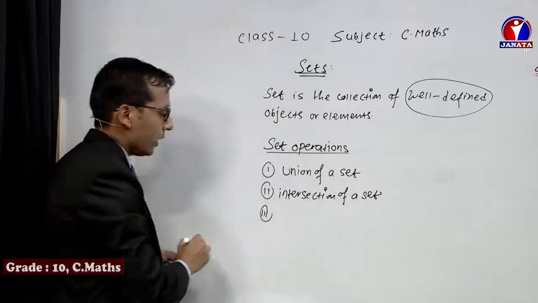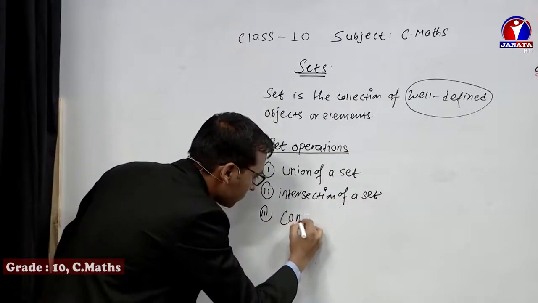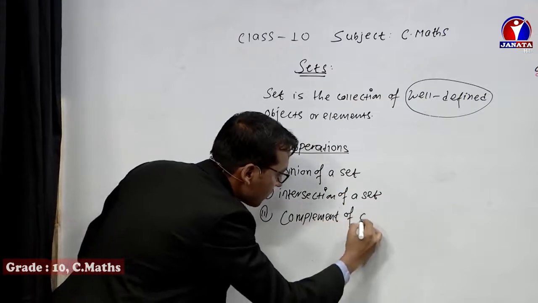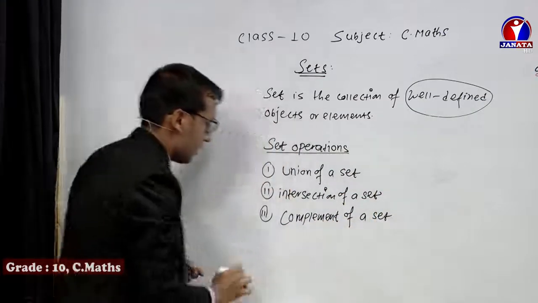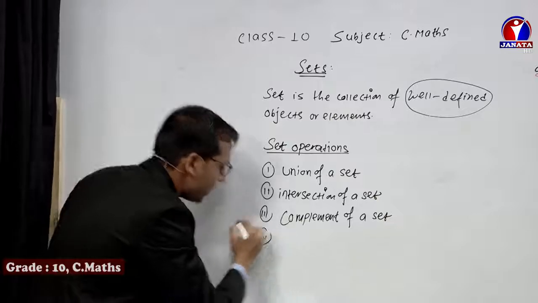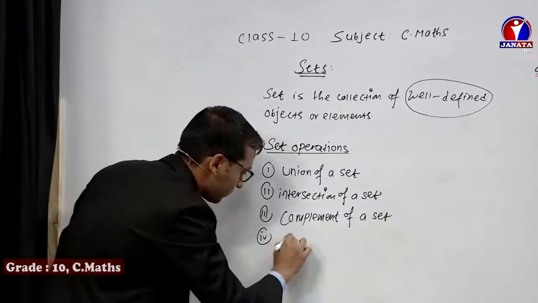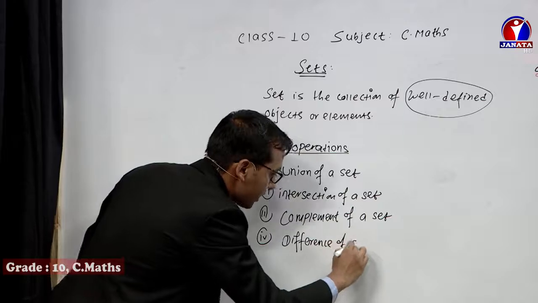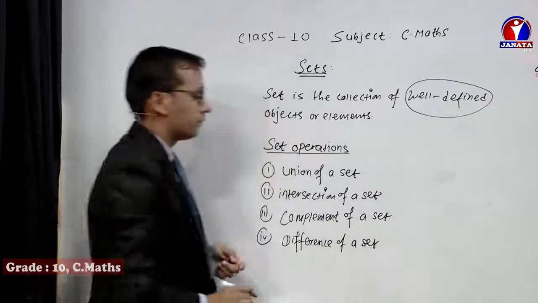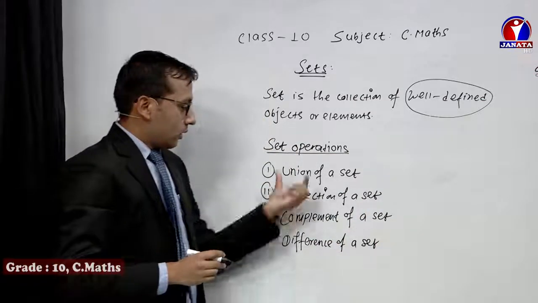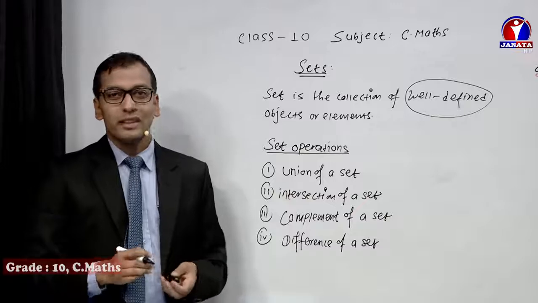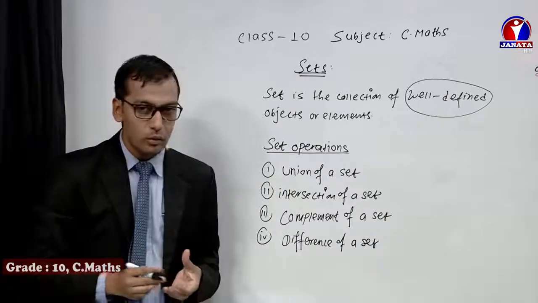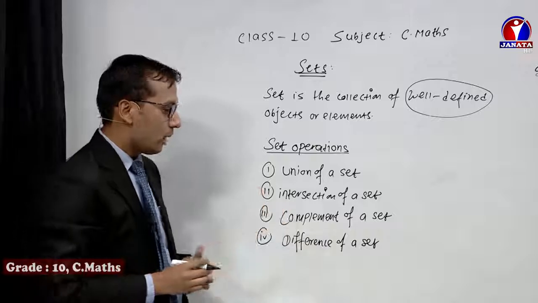Similarly, third we have complement of a set, and fourth we have difference of a set. So these are the 4 different set operations that we need to know and learn about.